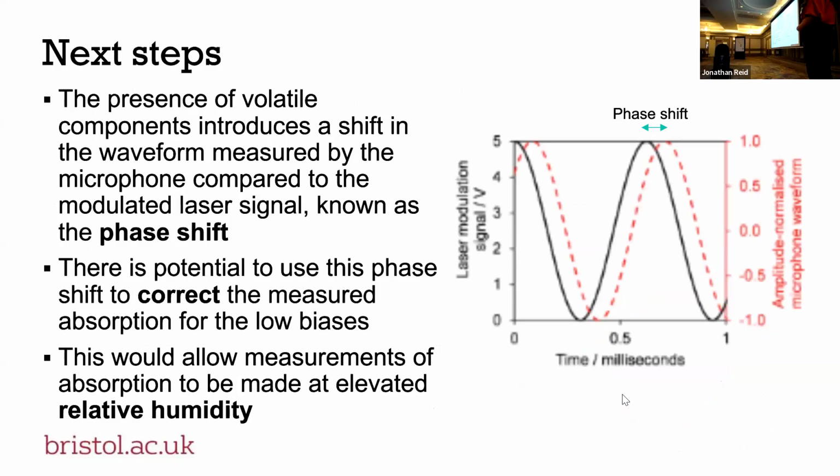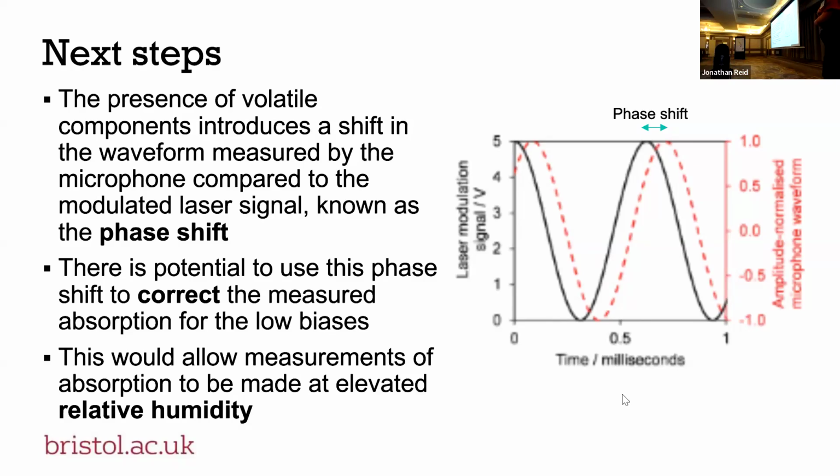So when you have these volatiles present, you introduce a lag in the response. The red here is the microphone waveform and the black is our modulated laser. And you basically get a lag in the response because of this competing pathway, which is called the phase shift. So we're hoping to be able to use this phase shift to correct our measured absorptions that are low biased, to correct these for a value that's more accurate, which would allow us to make measurements at elevated relative humidity, for example.